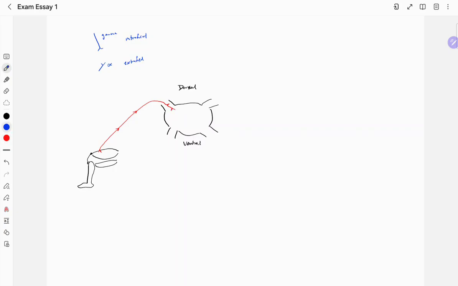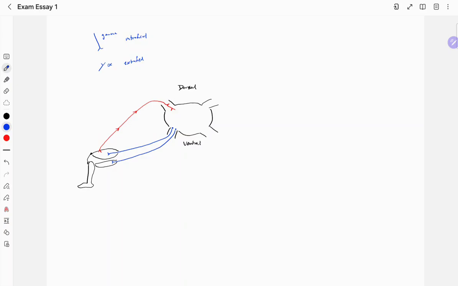So it'd be a sensory neuron, right? Then our motor neurons, right? We'll have one that'll come back to the quadricep. We have one here going to the hamstring.